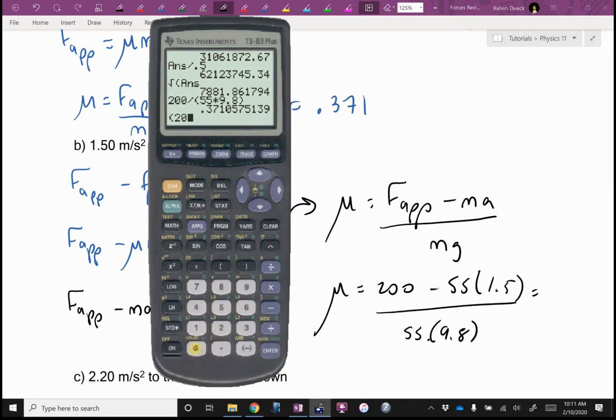Brackets around the top and around the bottom. You get 0.27. Would I round that off as a 7 or as an 8? Darn right, an 8. No sloppy rounding next time.